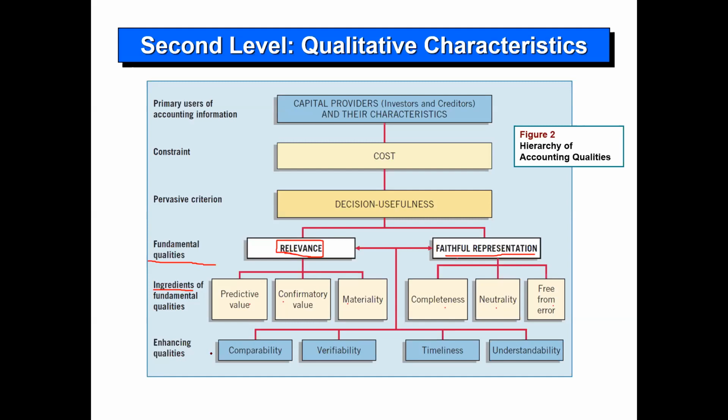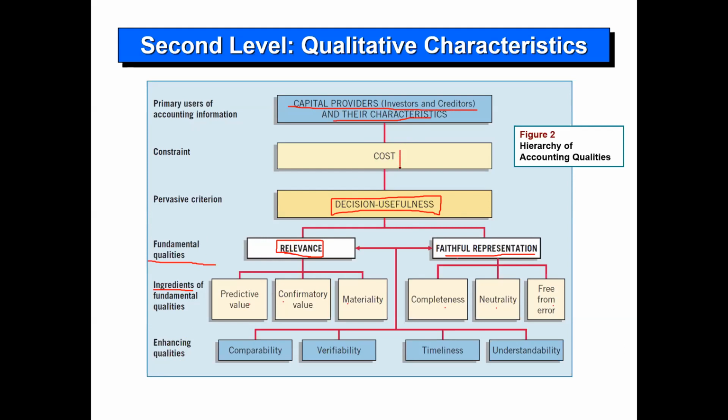And the enhancing qualities are the second level of criteria that we have to take into consideration in order to enhance the decision. All بقى fundamental and enhancing both must help in increasing the decision usefulness of the users اللي هم the primary users of the accounting information, capital providers, investors, creditors, and their characteristics.